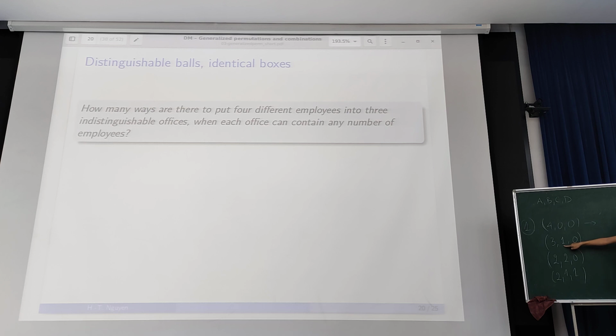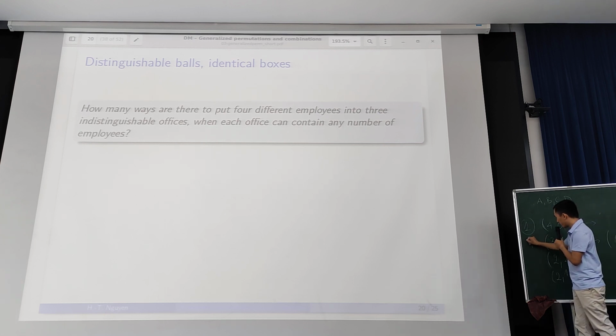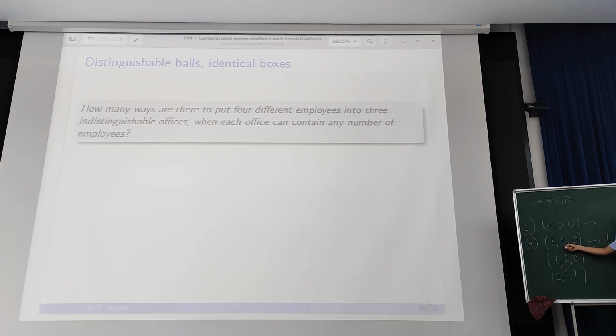In this scenario, the isolated employee can be either A or B or C or D. So you have either ABC in one office and D alone and the other empty, or ABD, C and empty, and so on. So the isolated one can be D, C, B, or A. So you have 4 cases here.